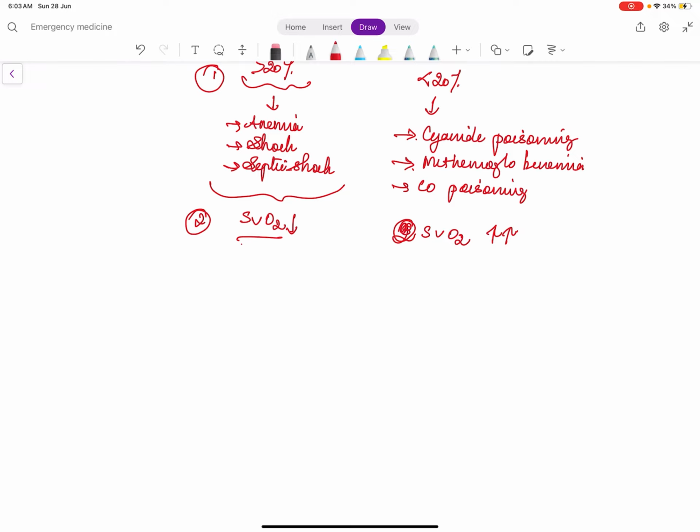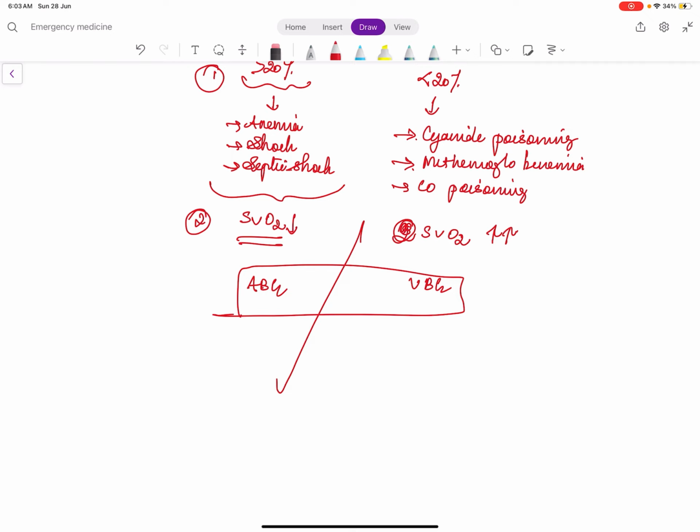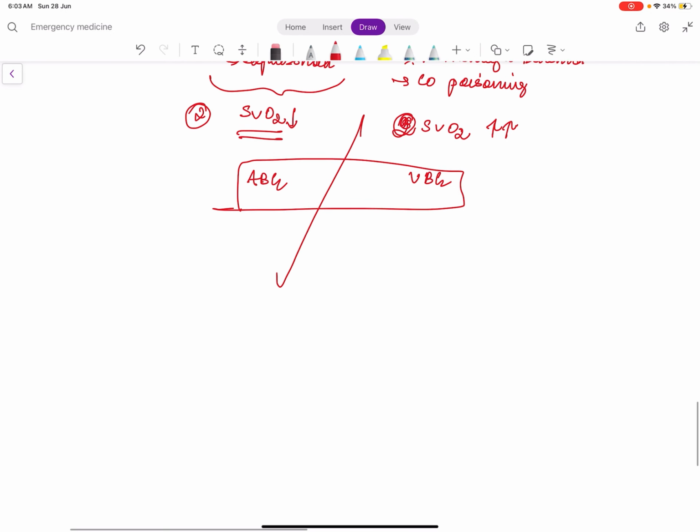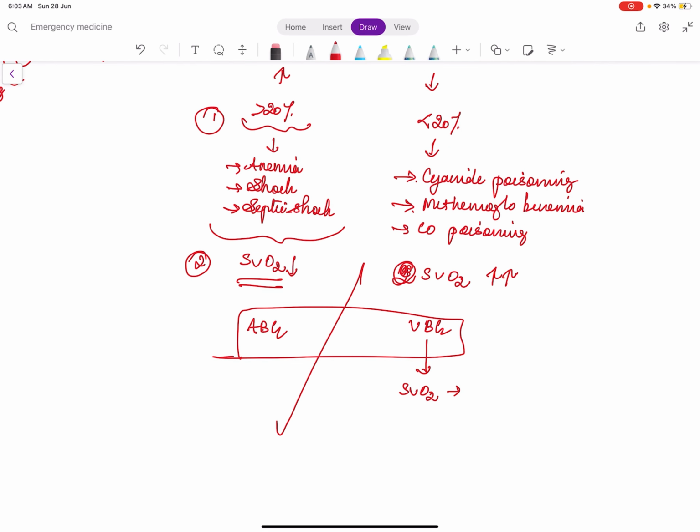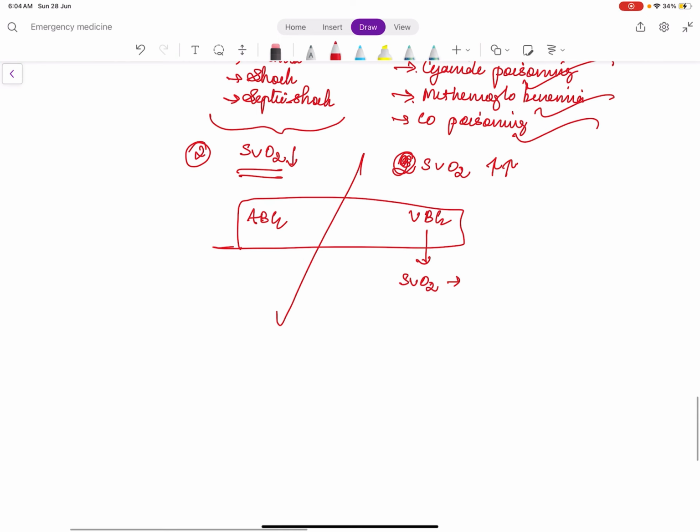Right? So when we take an ABG and a VBG in these situations, we can help to differentiate the various causes of hypoxia. So in VBG, we can calculate venous oxygen saturation. If venous oxygen saturation is high, it means there is cyanide poisoning, methemoglobinemia, or CO poisoning. From the same ABG, VBG, we can calculate the arterial venous oxygen difference.